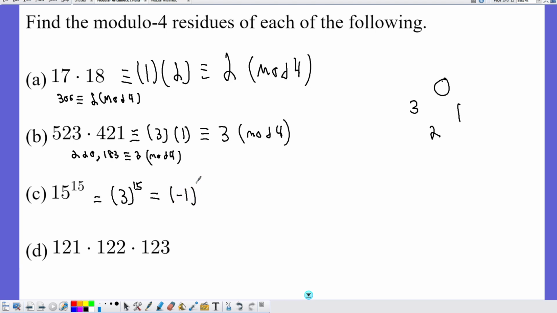So I could just convert this to negative 1 to the 15th power. Since it's an odd exponent, that means it's still just going to be negative 1. And we have already established that negative 1 is congruent to, in the positive direction, 3 under mod 4.